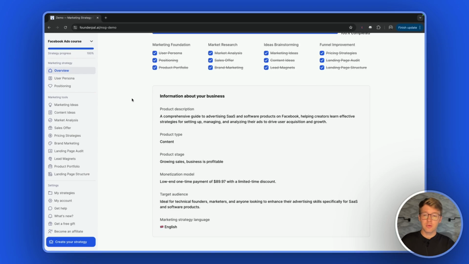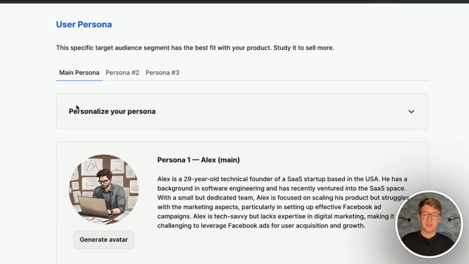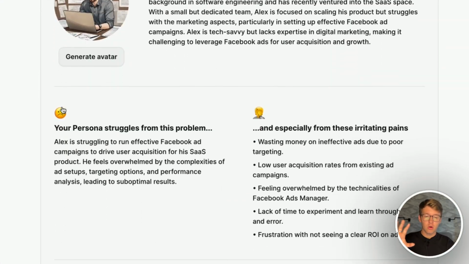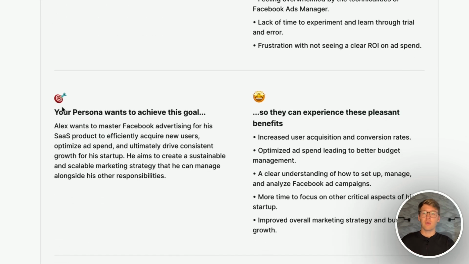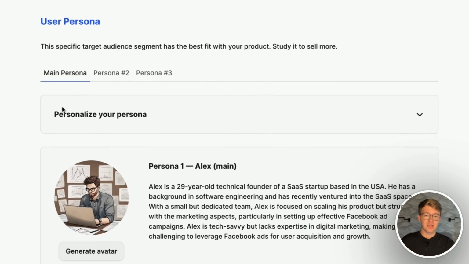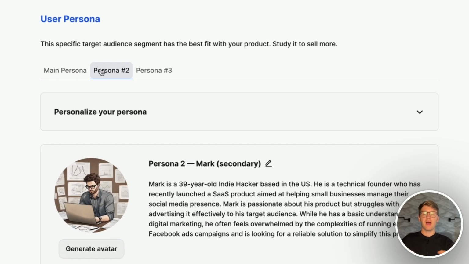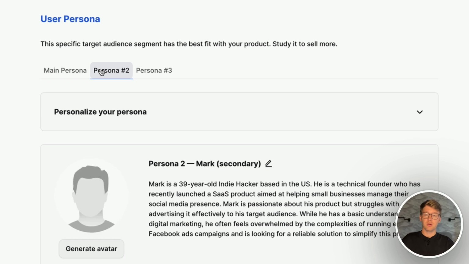So we'll start obviously with the user persona. This is who is our ideal customer, and we get all key insights about their life, what's going on, what's wrong, what are they looking for in just 10 seconds. And if we have two target audience personas, for example two different segments, we can have multiple personas in one marketing strategy.